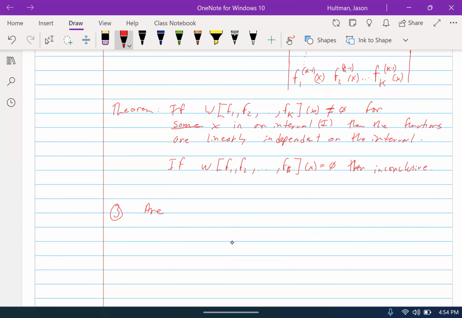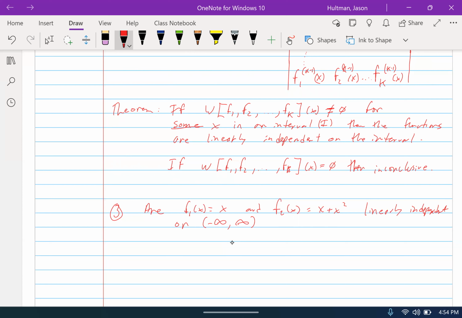Are f1 of x equaling x, and f2 of x equaling x plus x squared, linearly independent on negative infinity to infinity? That's the interval. Are they linearly independent functions?